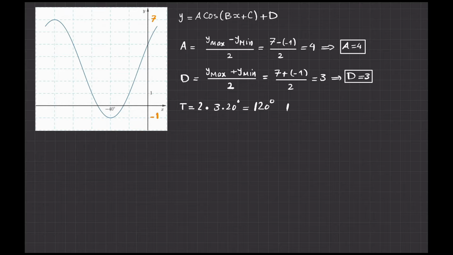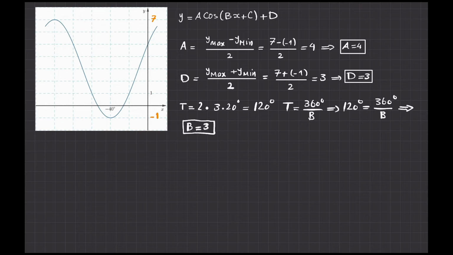But I have a formula that T is equal to 360 degrees over B. So I put T equals 120, and from here I can immediately find B. B becomes 3.